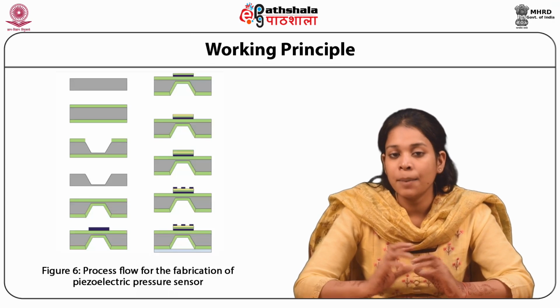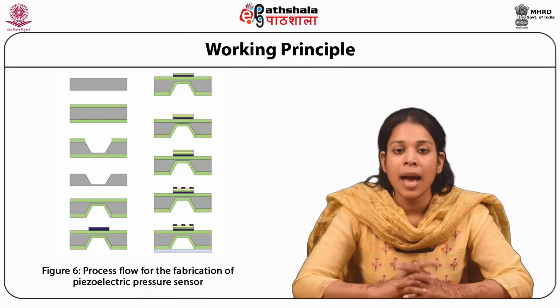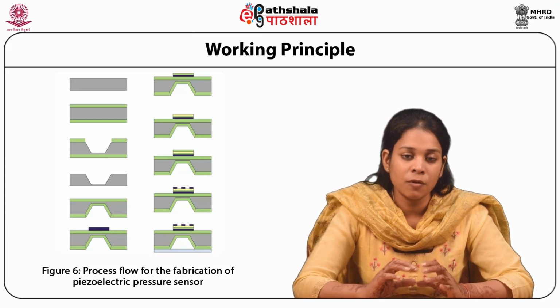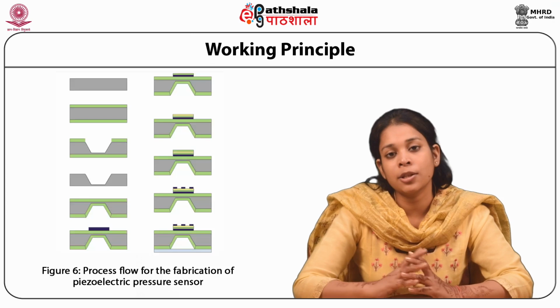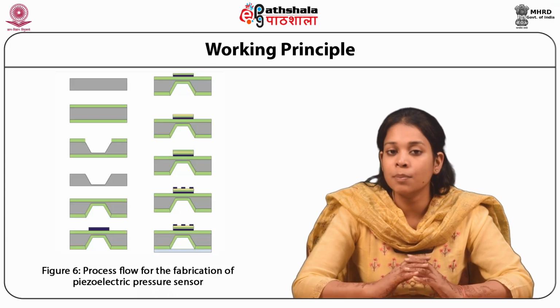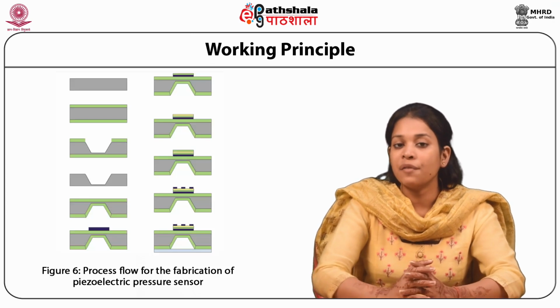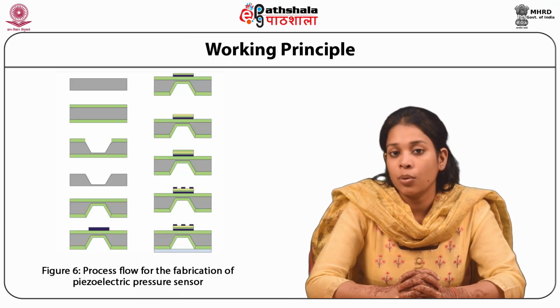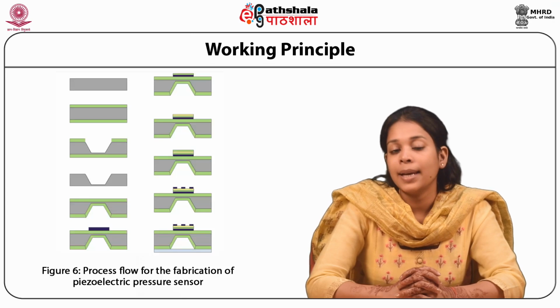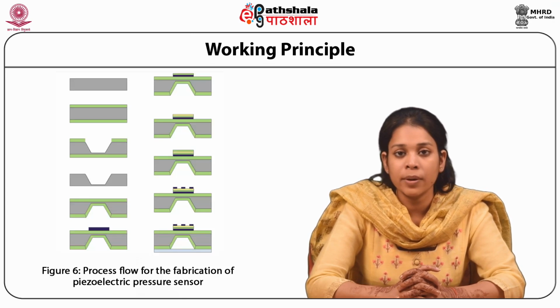After that, the membrane has been formed, and when the membrane is formed, the SiO2 is completely removed and again coated to get a smoother surface. After getting the smoother surface on the silicon membrane coated by SiO2, an electrode has been deposited over it.